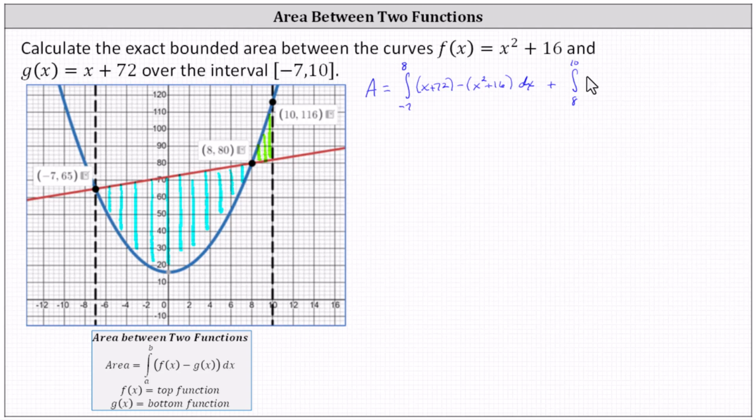And therefore the integrand function is the quantity x squared plus 16 minus the quantity x plus 72.